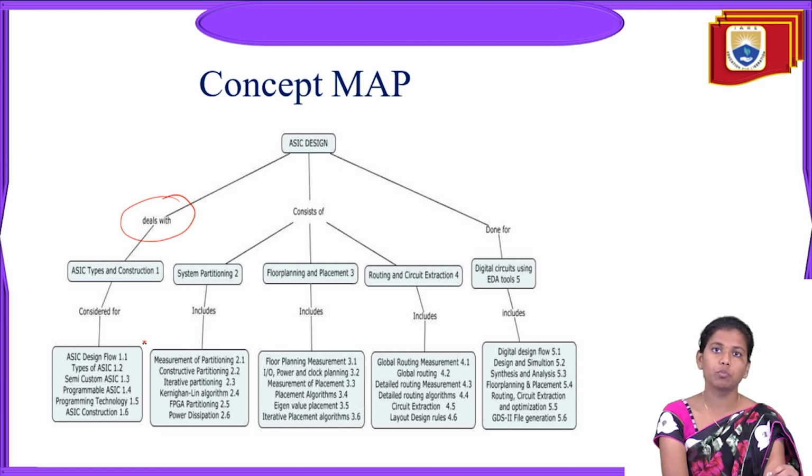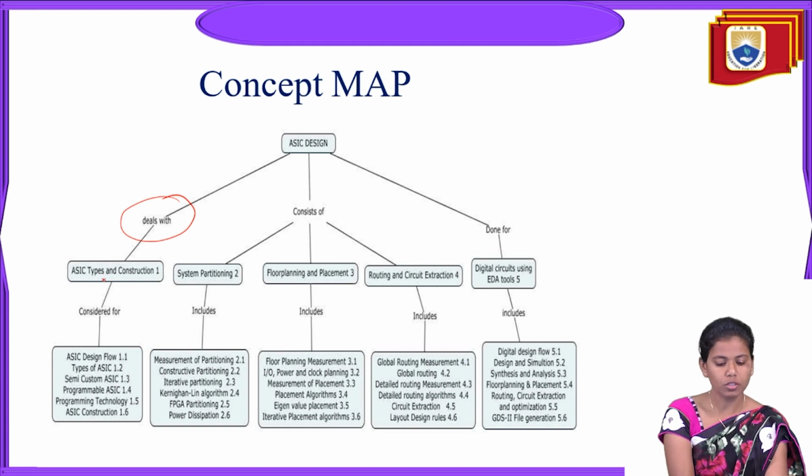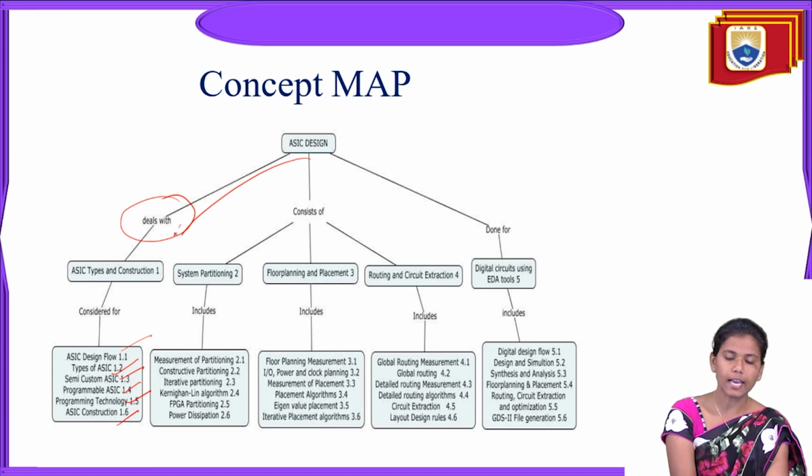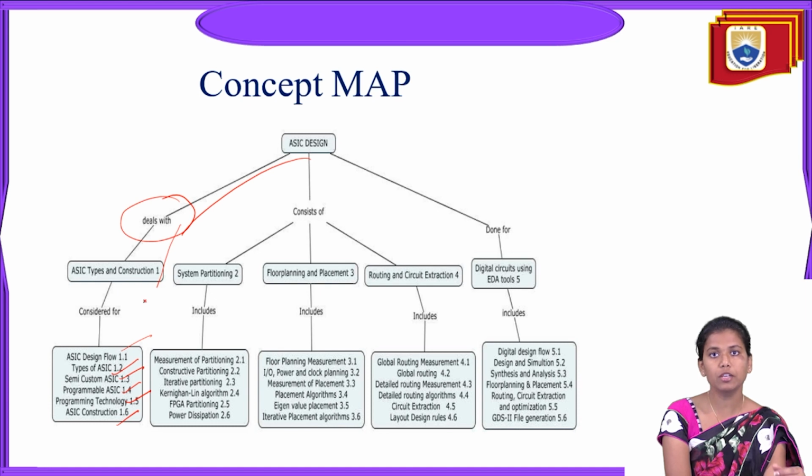It deals with the types of ASICs and the construction of that particular module or chip. These types and construction cover types of ASICs, semi-custom ASICs, programmable ASICs, programmable technology, and ASICs construction.